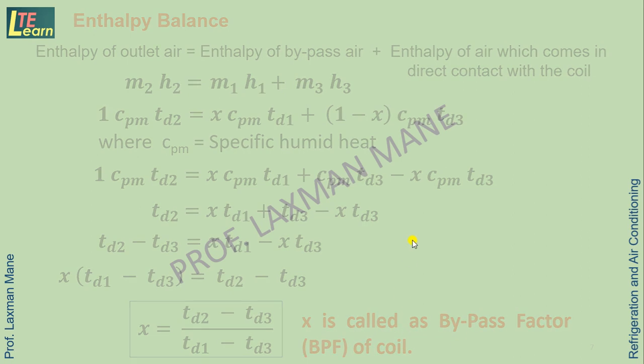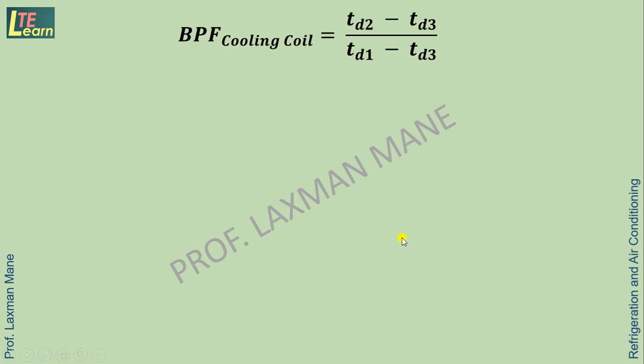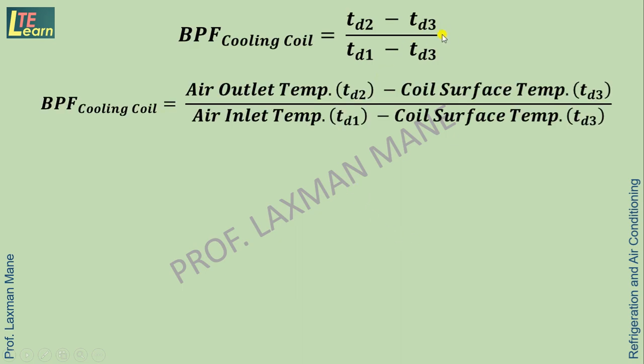So the bypass factor of the cooling coil we have already derived. This can be written as air outlet temperature TD2 minus coil surface temperature TD3 divided by air inlet temperature TD1 minus coil surface temperature TD3.